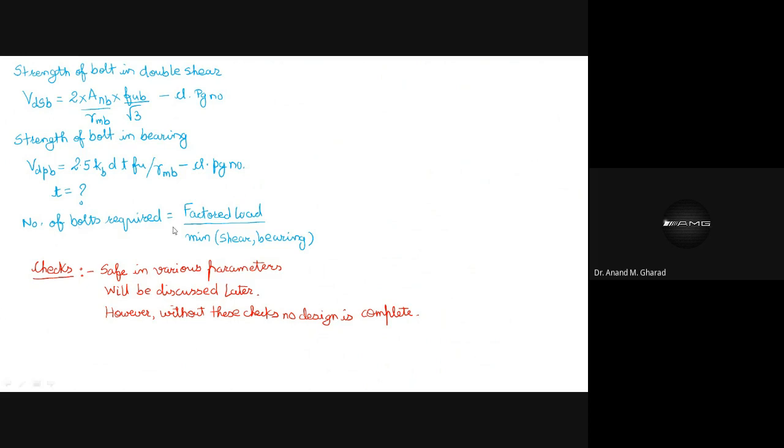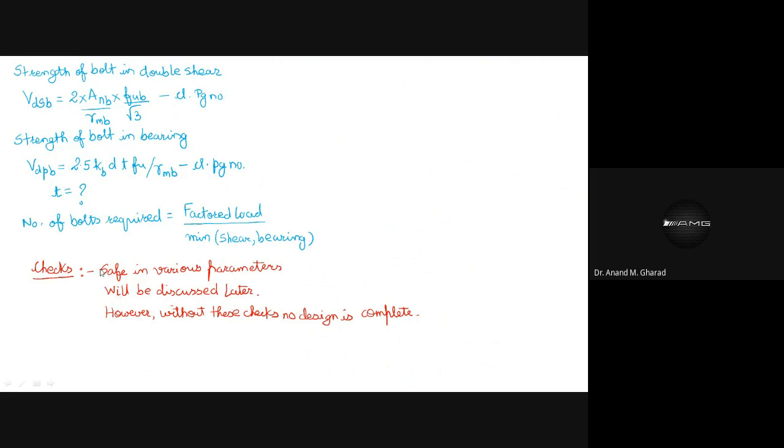Okay, and you will see that the minimum of values in brackets will not be just restricted to shear and bearing, those may be some other values also. But for initial understanding and with limited knowledge, we can definitely calculate the number of bolts depending on these two parameters.